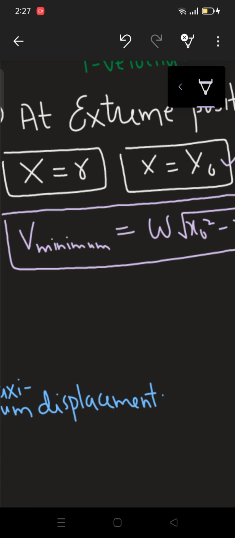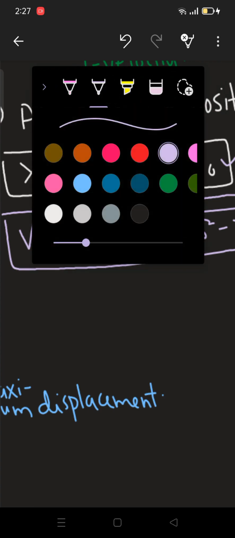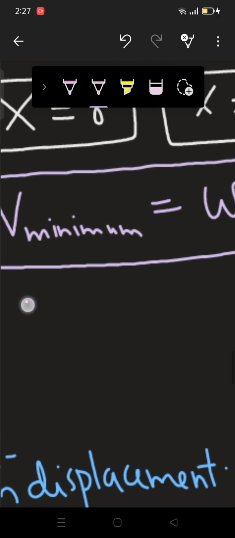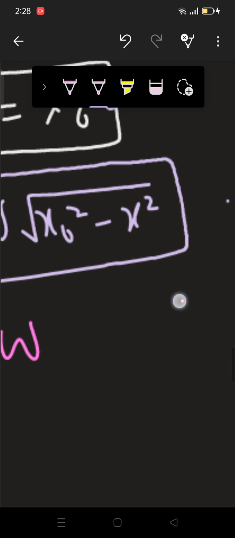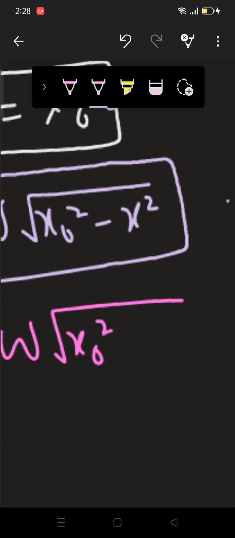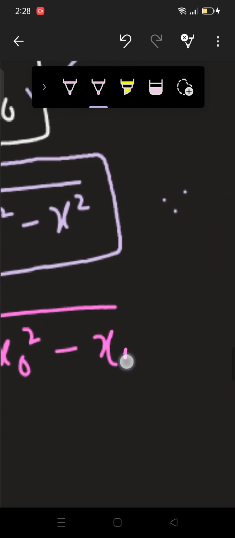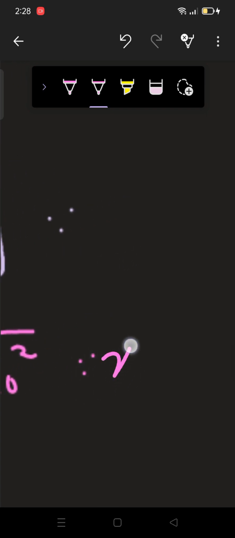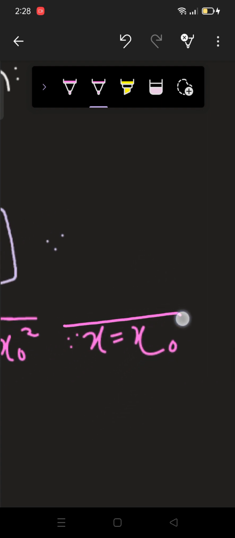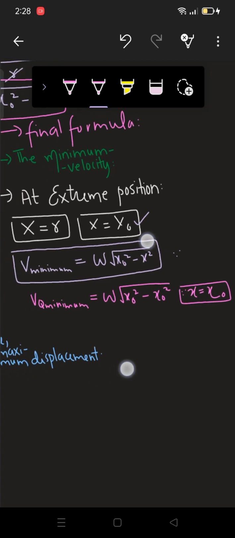Now let's substitute the values. V q minimum is equal to the same omega radical x naught square, and instead of x we put x naught, squared. We have made x equal to x naught.